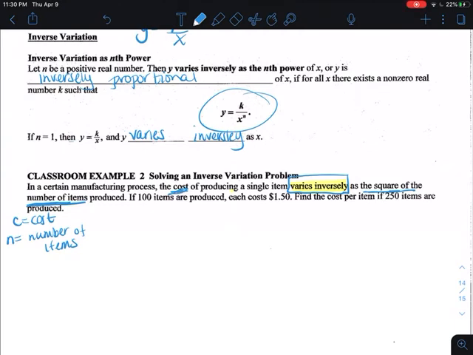All right, so let's write our equation. The cost comes first. So C varies inversely, so equals K. And whatever follows this is going to go below the K. The square of the number of items. So this is over the number of items squared. So that's how you write the equation.